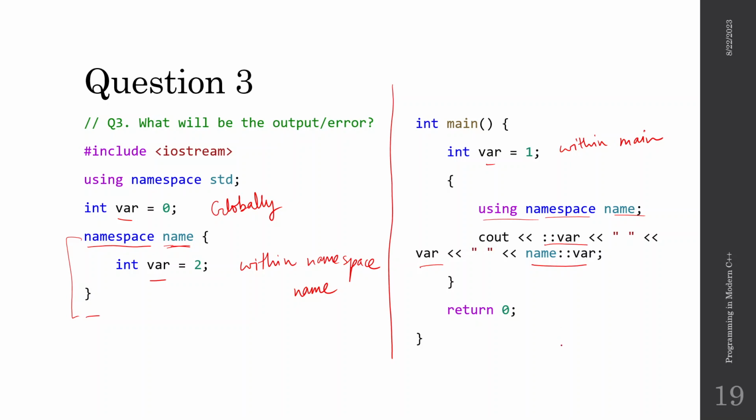So this will print 0, which is the global one. And for the last one which is name colon colon var, it will print this 2. And for the middle one, here we are just printing var, so it will print var within the main function. So 0, 1 and 2.